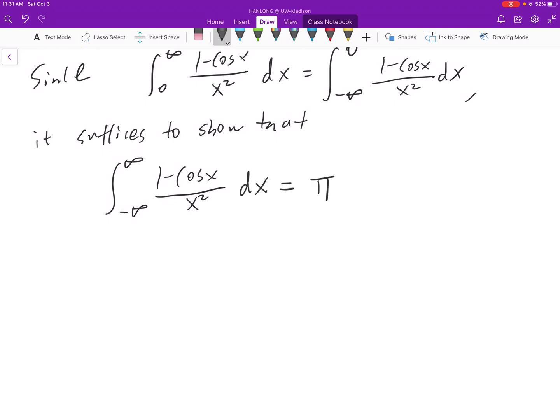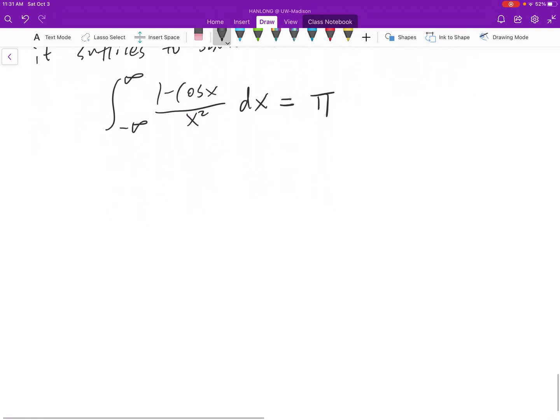You just double it. Okay, now you have a whole line, but then the problem is, as a holomorphic function, it's not defined at the origin.